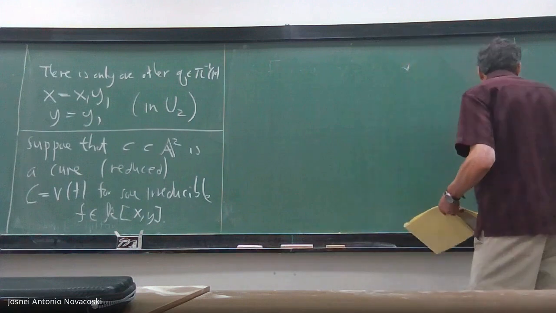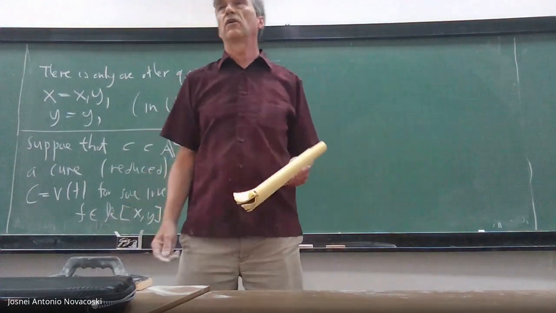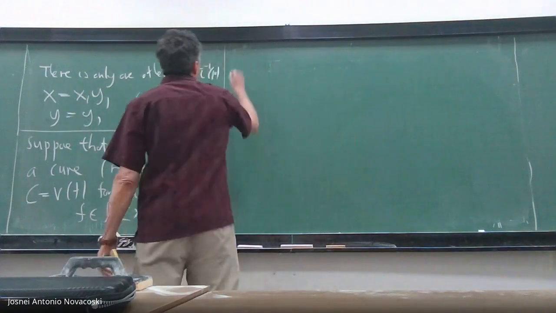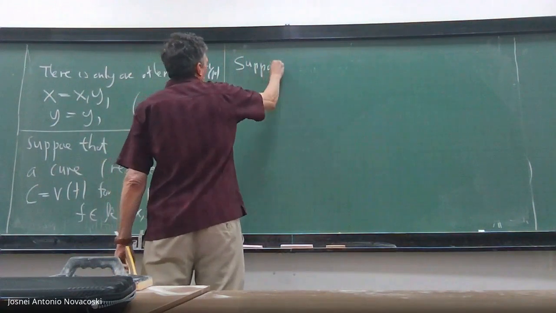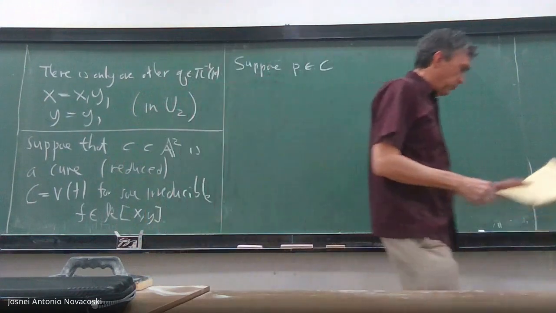Now if we want to resolve it, we need a good understanding of how F changes when we blow up. Suppose we take a point P in C, which could be this point we analyze.